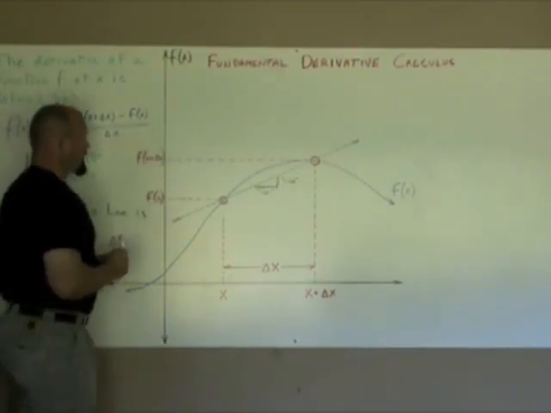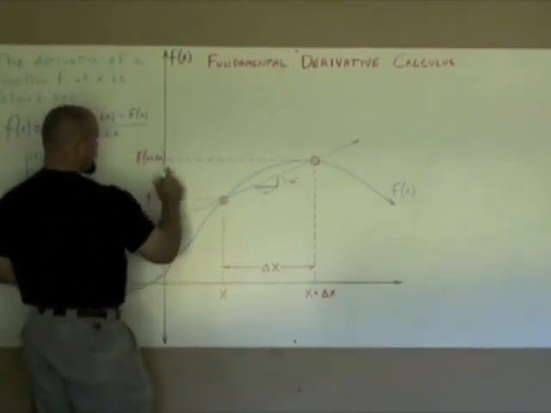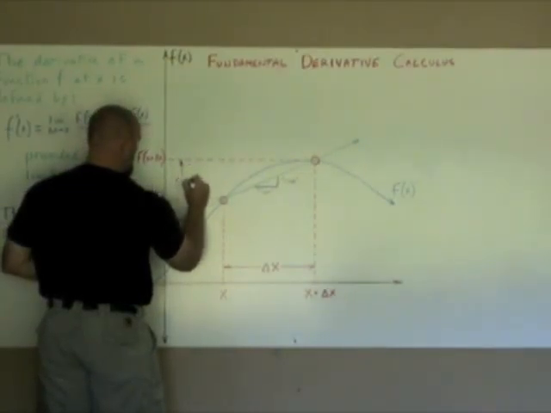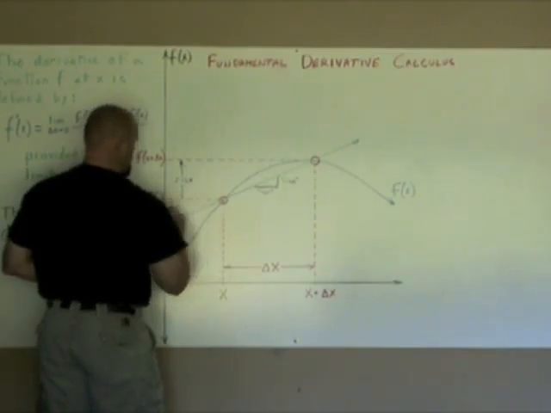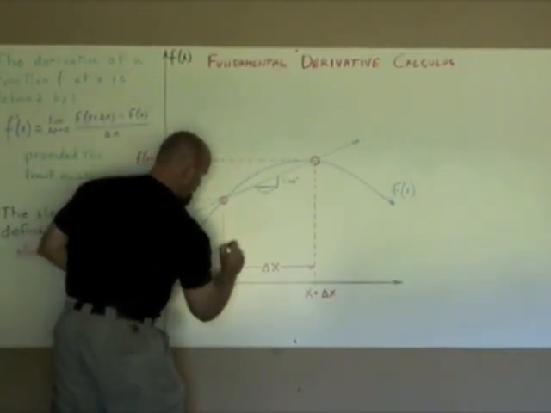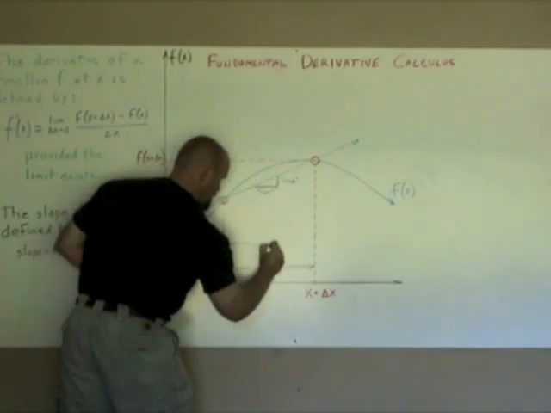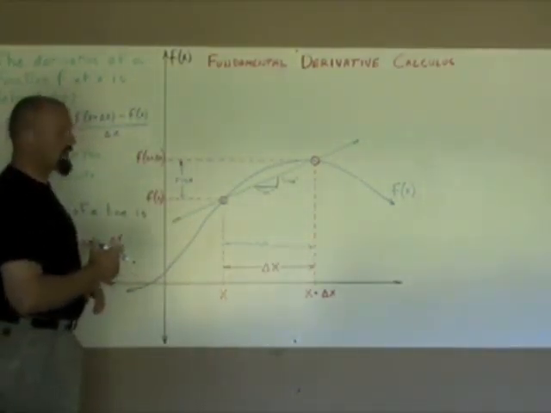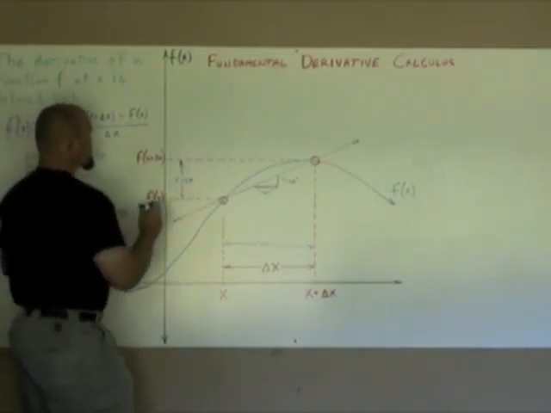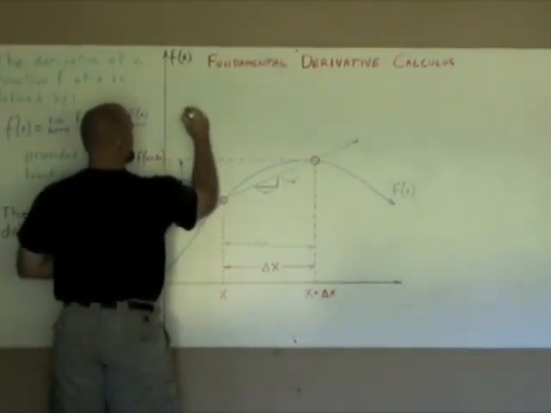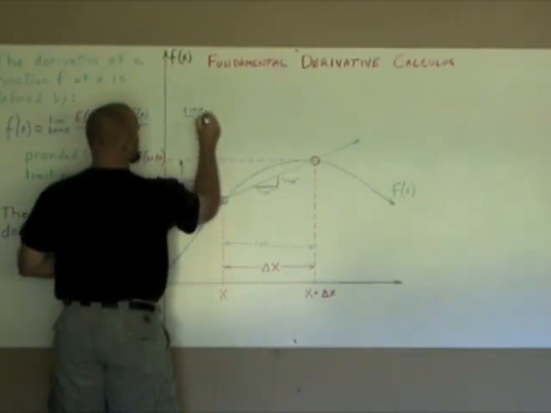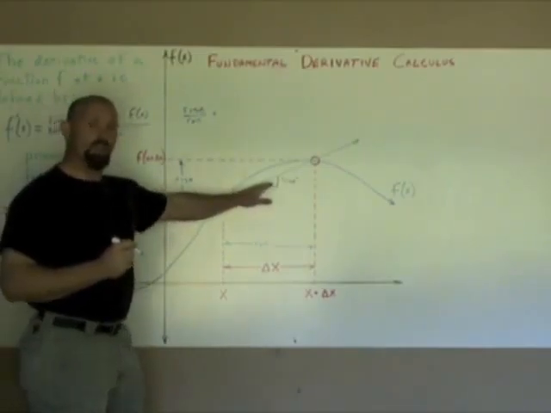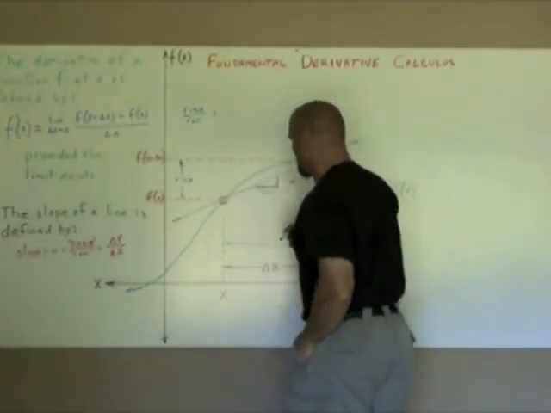If I bring this over here, I can see that my rise and my run can be defined in terms of the symbols that I already have. So if I say the rise divided by the run, or the slope of this green line, is defined quite simply.